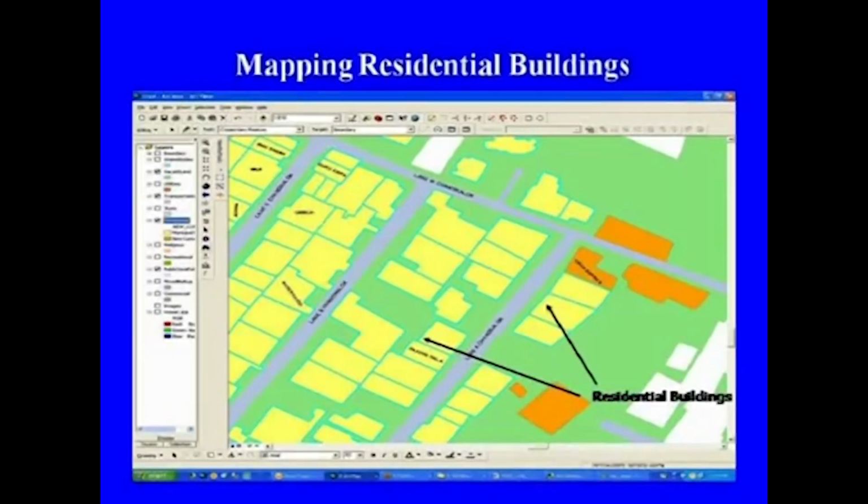This slide shows the map of the residential buildings as they are digitized and captured from the satellite data.